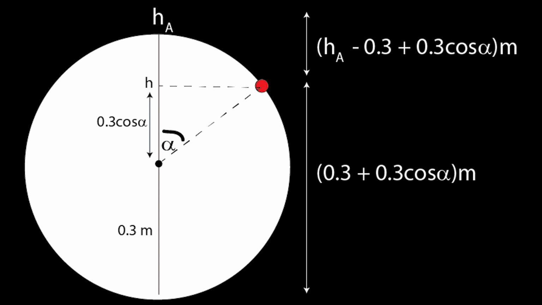Put all these values into our conservation of energy principle, get another expression with v squared, eliminate v squared by solving them simultaneously, then you end up with an expression with only one variable, cosine alpha. Solve it for alpha and subtract the alpha from 180 degrees to get 146. And that's the angle drawn in this diagram where the tension in the rod is equal to 0.